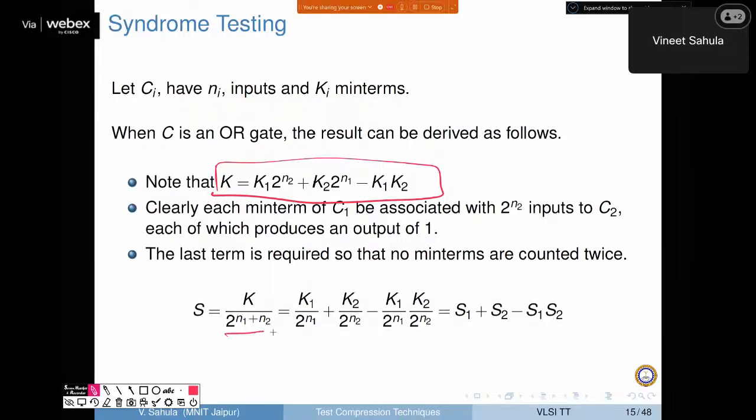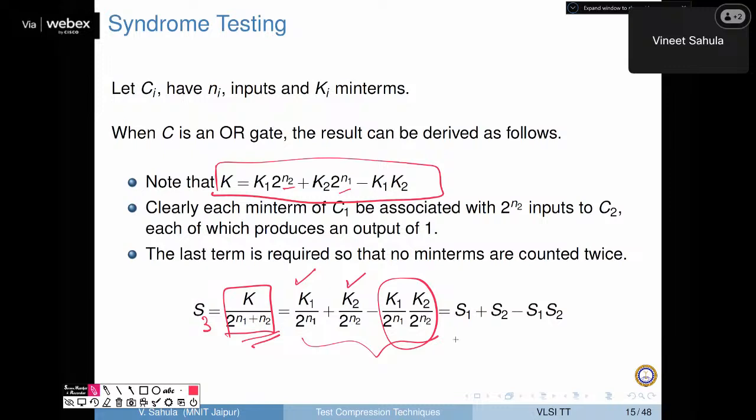If I divide it by this value, my S3 would be, see, divide this by this. So these 2 to the power terms will go away and I'll get this pattern. This is S1, this is S2, and this is K1 K2. The gate I have observed was the OR gate, if you remember. So this is the syndrome for the OR gate.